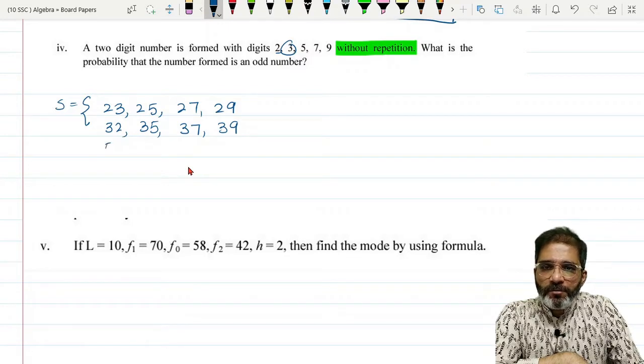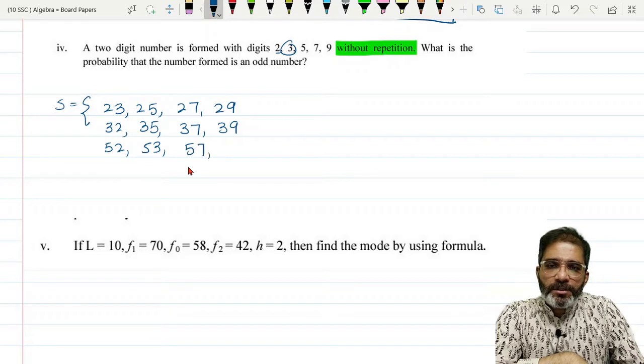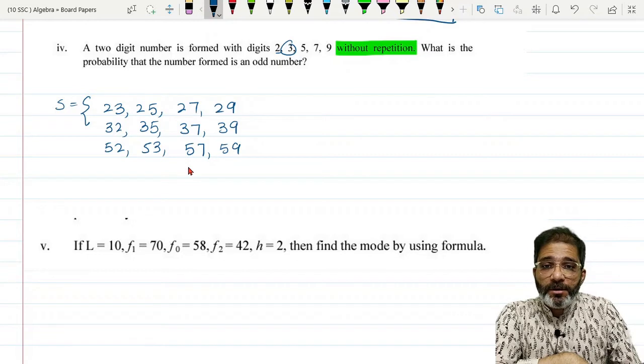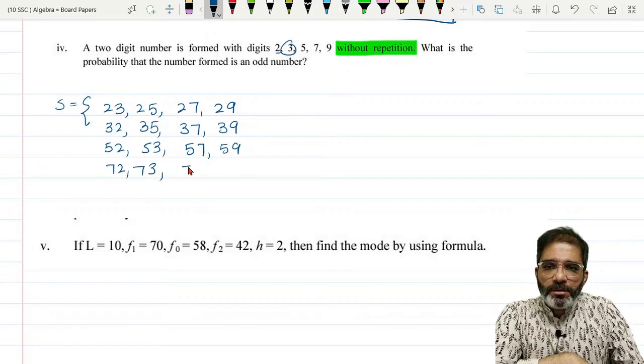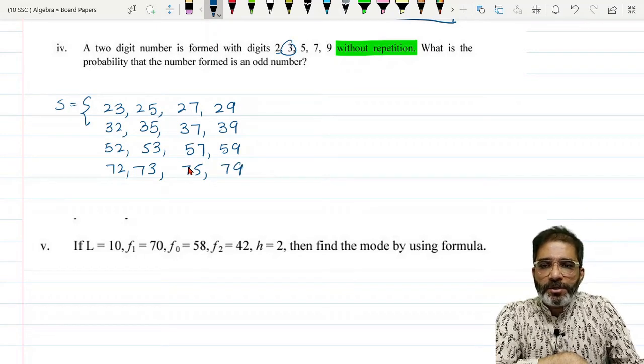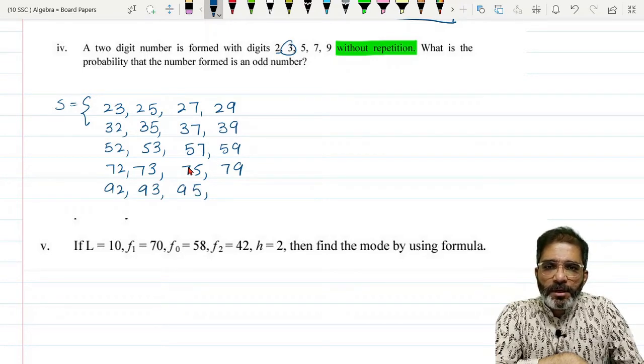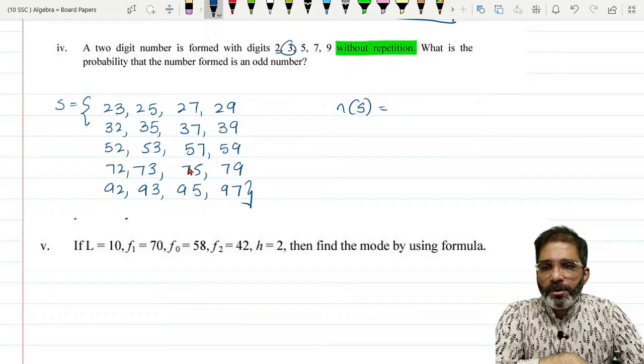Now we'll start with 5: 52, 53, 57, 59. Now we'll start with 7: 72, 73, 75, 79. Now the last digit we are going to start with 9, that is 92, 93, 95 and 97.